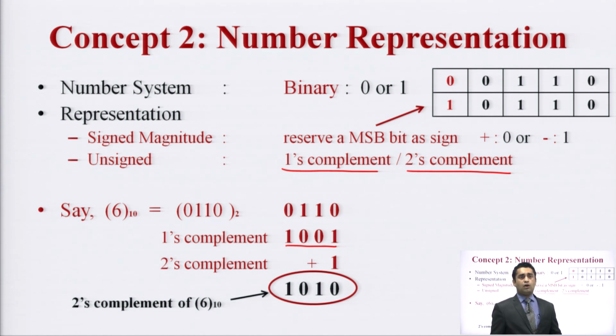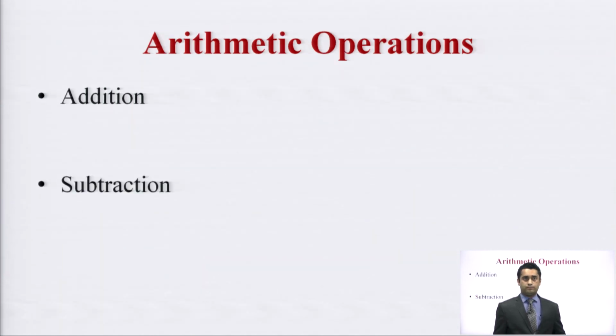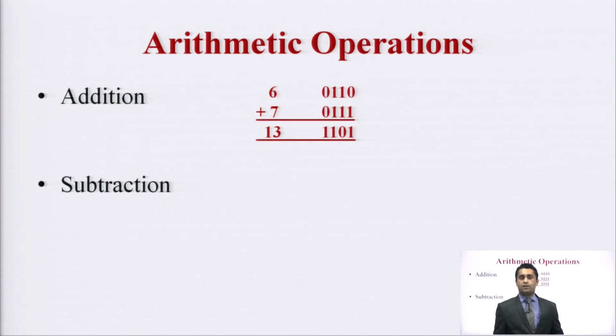Let's see how these complement methods are used in addition and subtraction. For addition, if I take two numbers in decimal and the equivalent representation in binary, then two 4-bit binary numbers are added and the result comes in the same 4 bits.